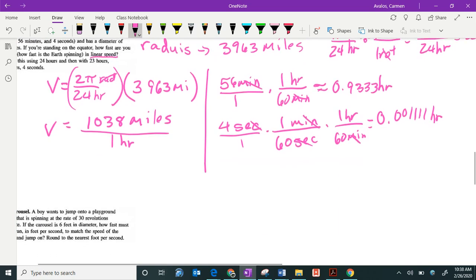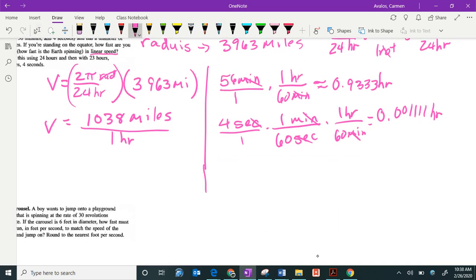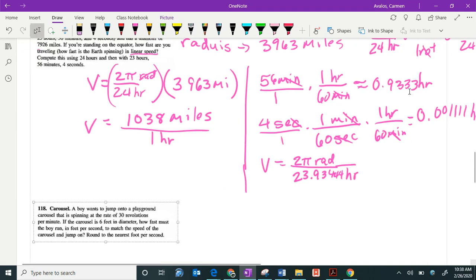When we calculate the linear velocity of this one, we're doing the exact same thing. Once we add these up, instead of 24 hours, the angle is going to be 2 pi radians over 23.93444 hours, which means taking the 23 hours, adding the 0.93 part of the hour plus the seconds part of the hour.